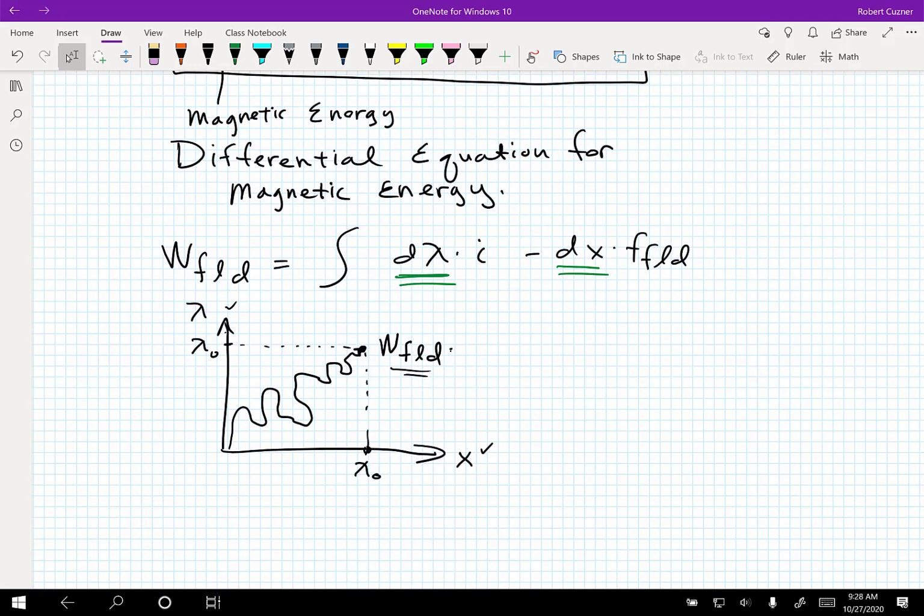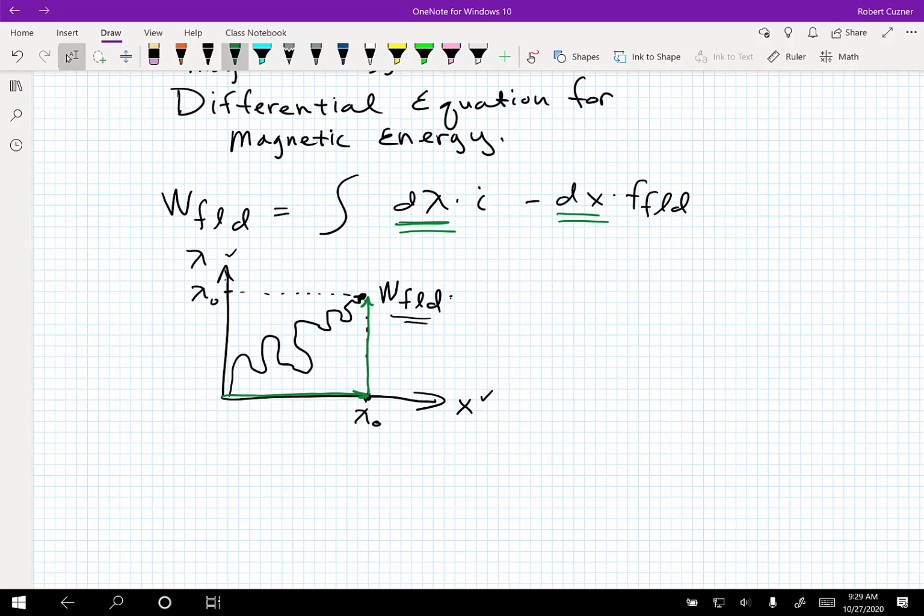And so we can pick two paths to get there. We could pick a path along the x-axis, and we just could pick a path along the y-axis right there.